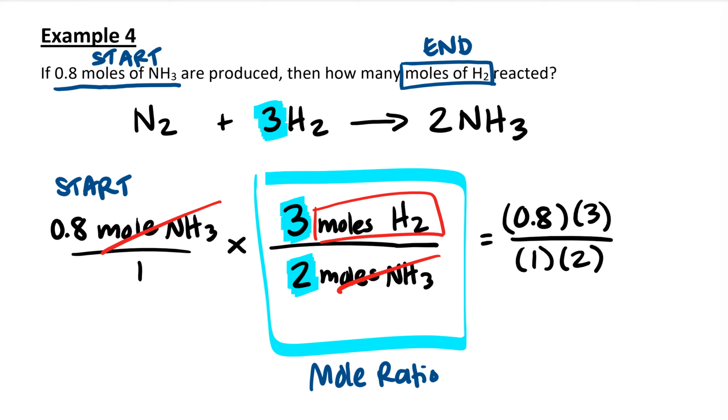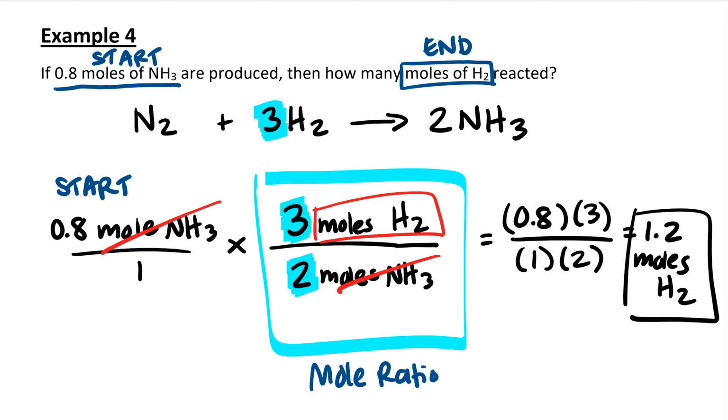And so we're going to get an answer here of 1.2 moles of hydrogen. So if we make 0.8 moles of ammonia, I can then figure out how many moles of hydrogen we used to make that amount of ammonia.